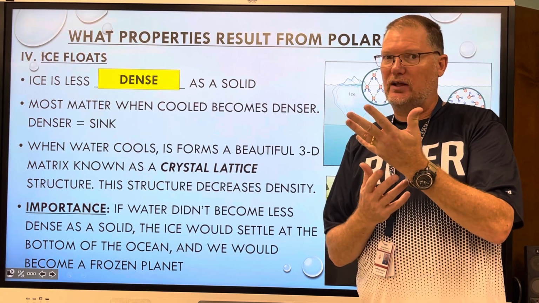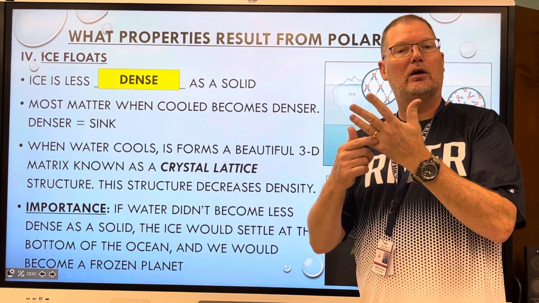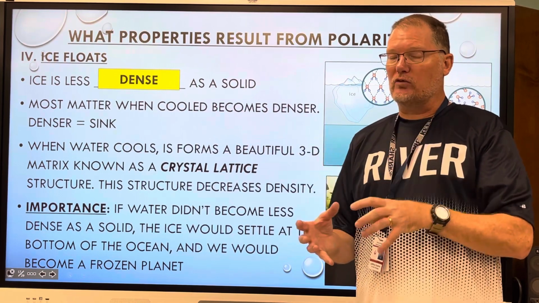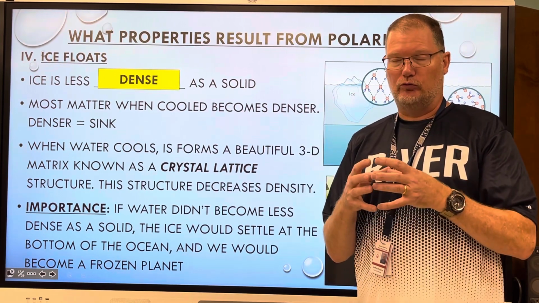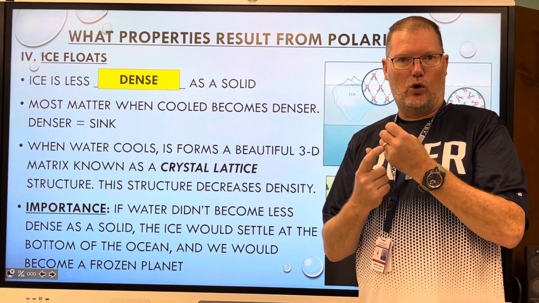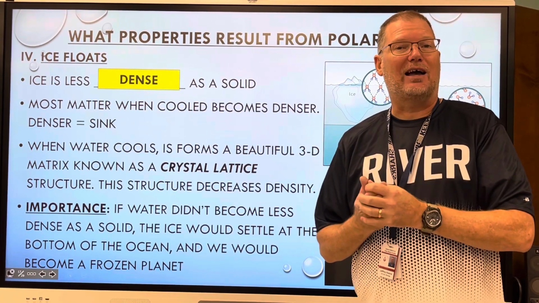It's more dense than liquid gold, so it would sink. But when you turn water into a solid, you reduce the temperature and freeze it, like this frozen gold, it floats. It does the opposite.